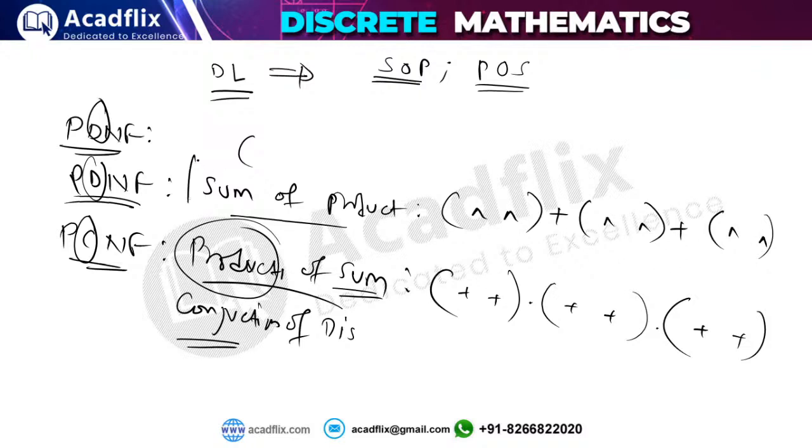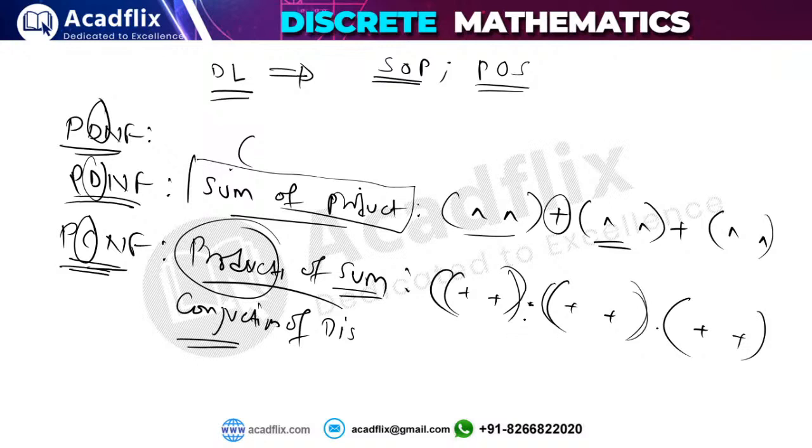Don't worry. This is PDNF. D means disjunction. So you can say disjunction of conjunction means sum of product, summation of products. Similarly we have PCNF. PC means conjunction of disjunction, or you can say product of summation.